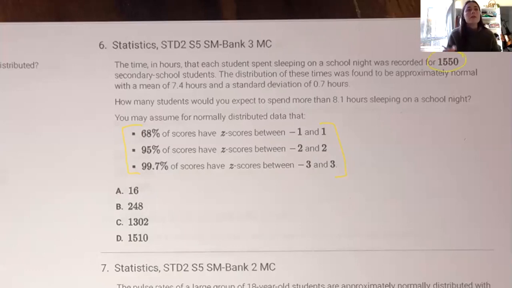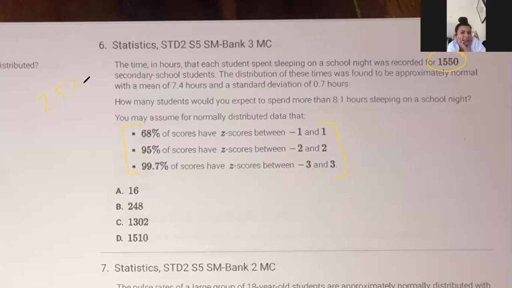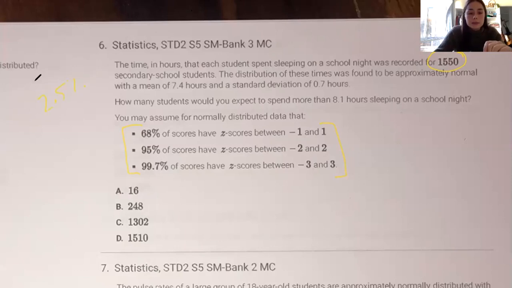You know how in the previous question we got the answer of 2.5%? Instead of leaving our answer as a percentage in question 6, they want us to figure out the number of students from what they actually recorded. They recorded a total of 1,550.